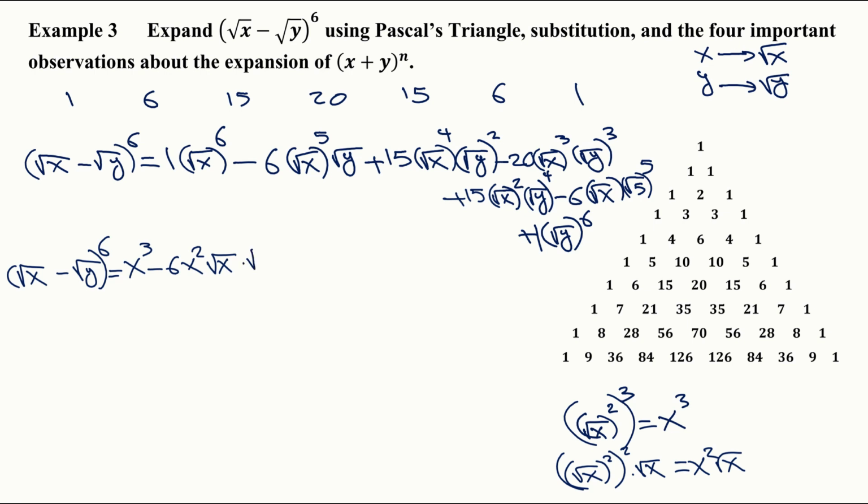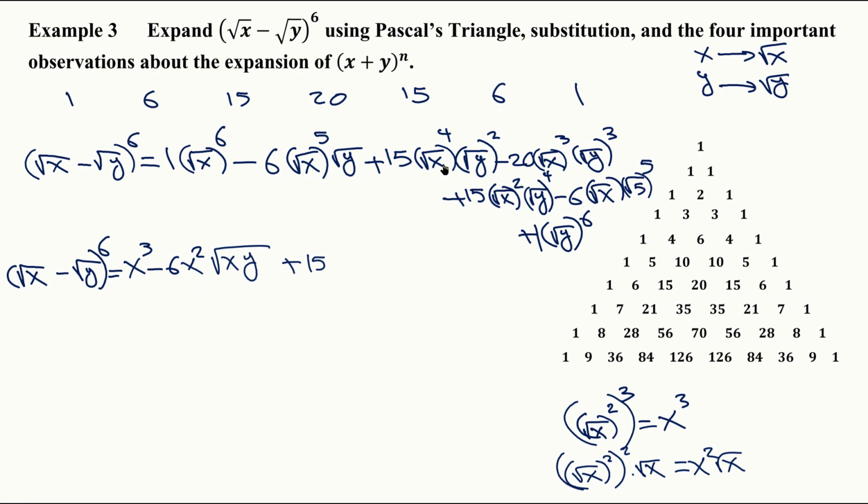So it's times radical y, but as you know, we can just go ahead and multiply those out under the radical and just write square root of xy. Of course, as long as not both of those are negative. So we'll add that assumption, okay? All right. Plus 15.